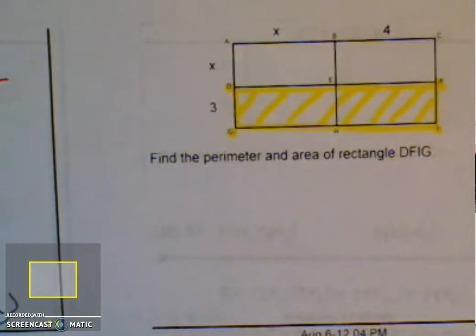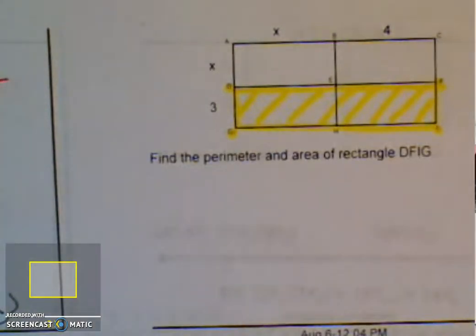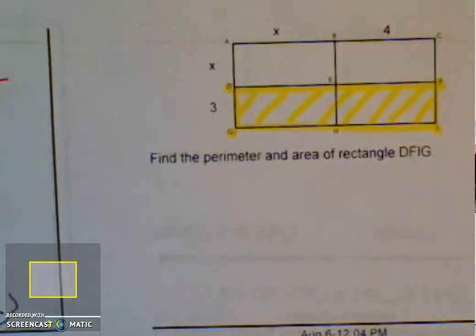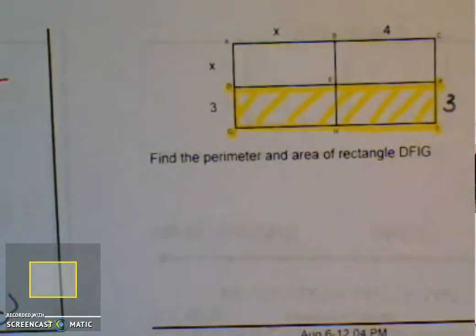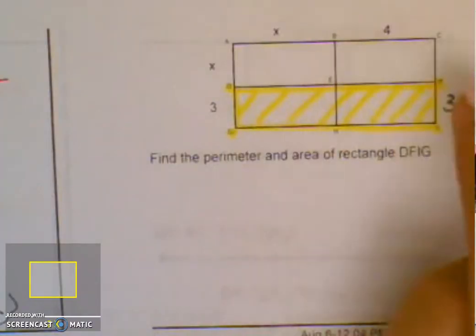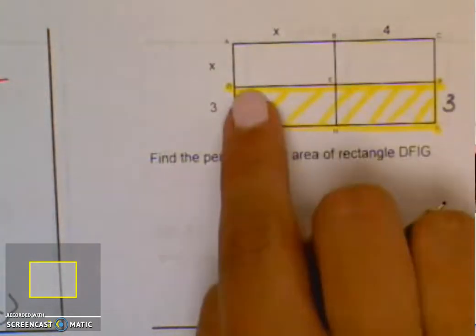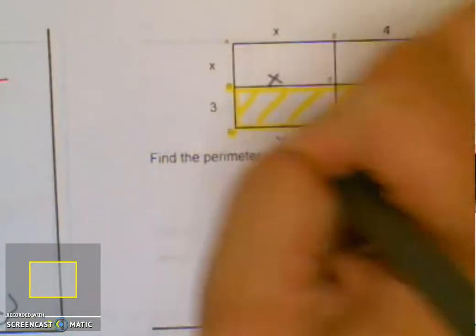So I know this side's 3. So go ahead and pause the video and see if you can label the other sides. If this side's 3, then this side is also 3. If this whole side is x and 4, then this whole side is x and 4, and this whole side is x and 4.